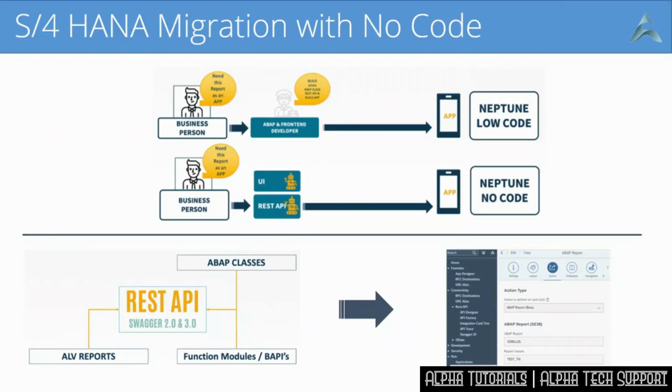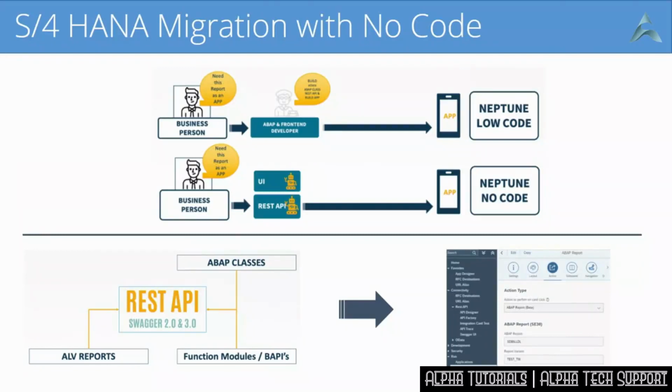Do I really have to turn that into a Fiori application? Because the S4HANA user interface is a Fiori interface for end users. They're not going into the SAP GUI like they do typically with ECC. It's a Fiori web interface.